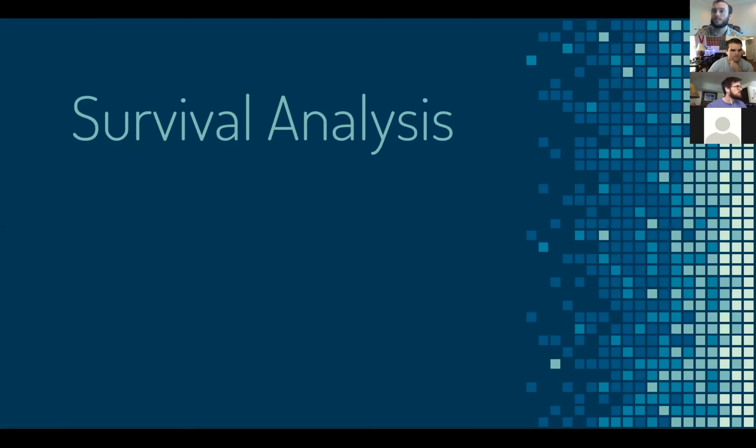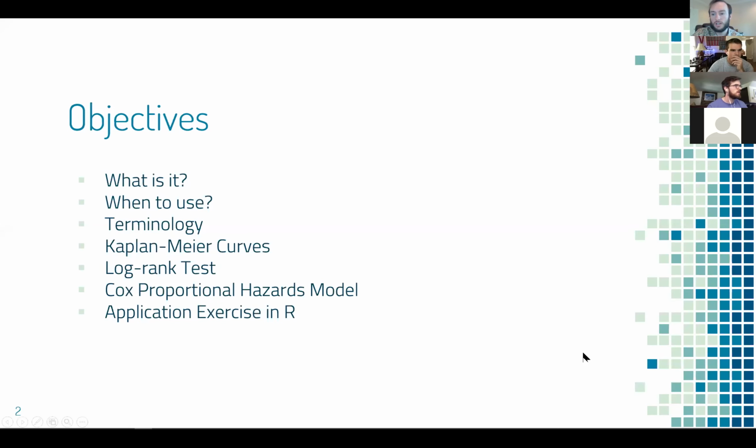So how this session is going to unfold is that I'll give a bit of background information on just what it is as a concept, when it's applicable to use, as well as some terminology that's important.